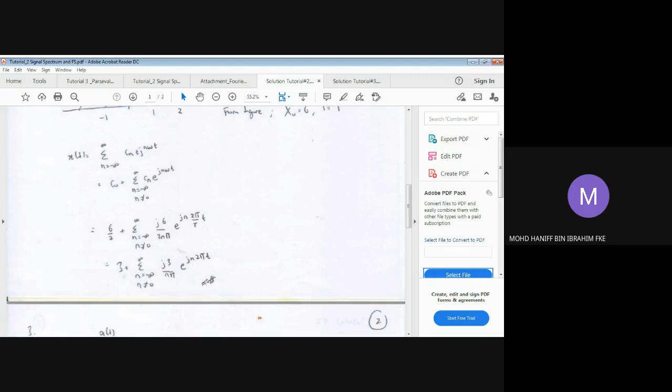So this is the general form of the exponential Fourier series for x(t), where this is your C naught and the rest is the Cn, extended from negative infinity to positive infinity. Okay, so that's all for the solution for question number 2.